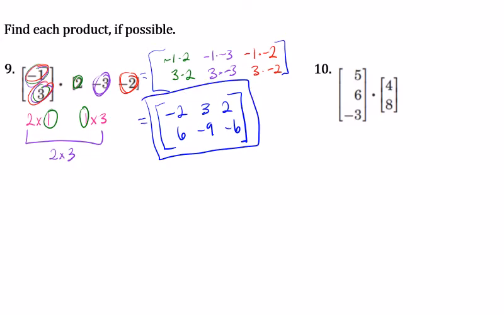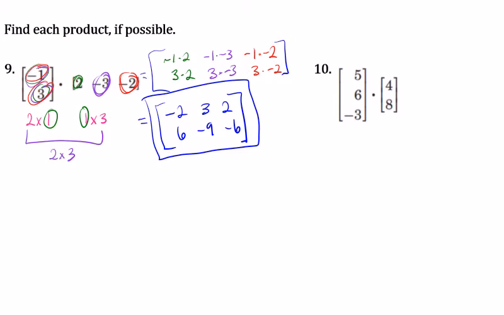All right, now one thing I want to point out is with normal multiplication, like with scalars, right? Like if I do 2 times 3, that's commutative, which means 2 times 3 is the same as 3 times 2, right? But with matrices, it's not the same.